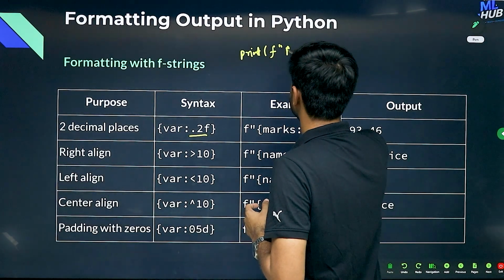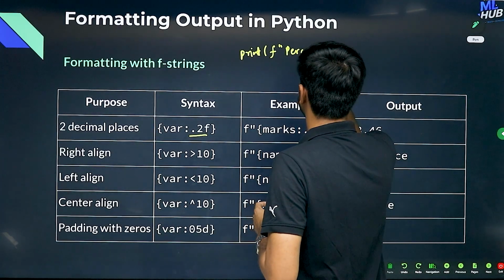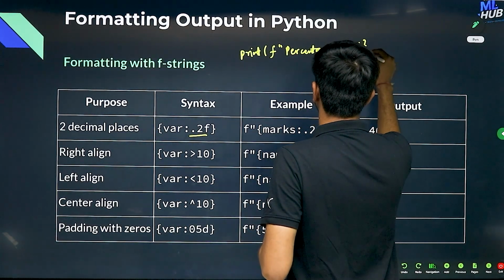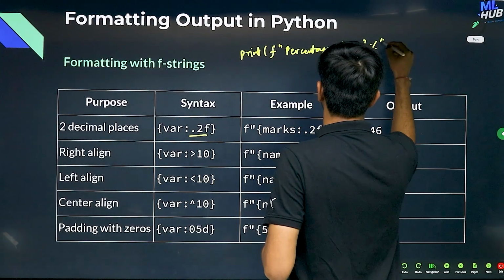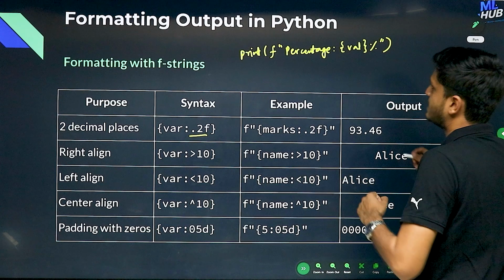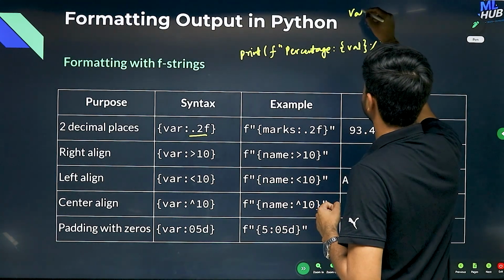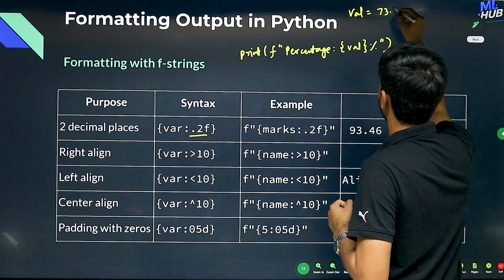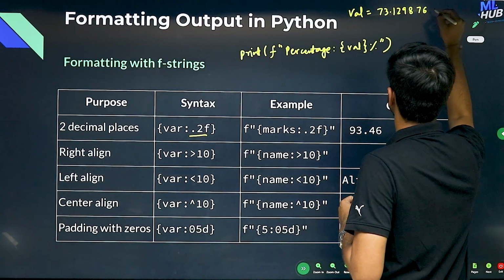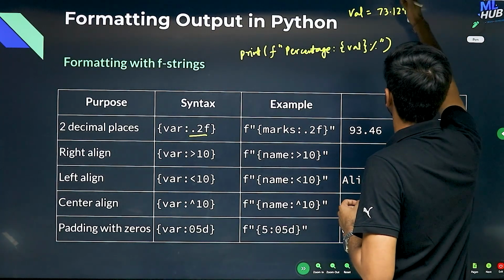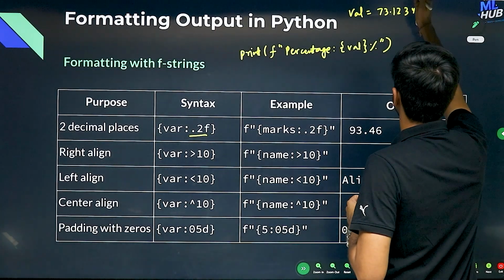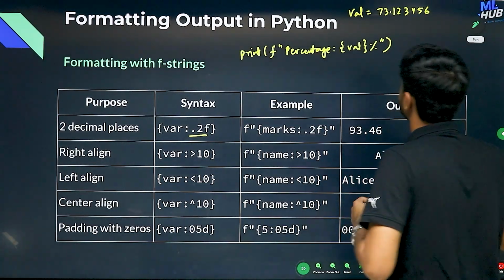So let's say the percentage scored is val %. Okay, and now let us say the value of this variable val is 73.123456, something like that. It is up to 6 decimal places.